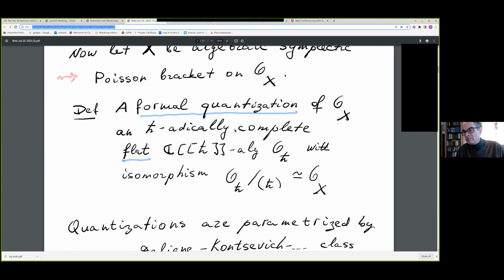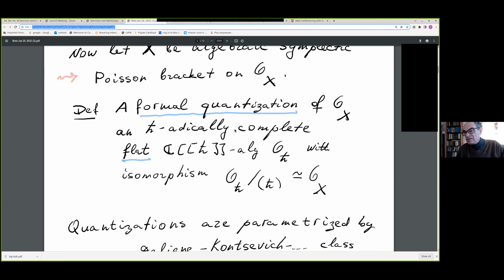So we will be working with formal quantizations, which means that we are replacing the structure sheaf O_X by a sheaf of algebras, which now depends on a formal parameter h bar. It's a completely formal quantization, so there's no convergence or anything.